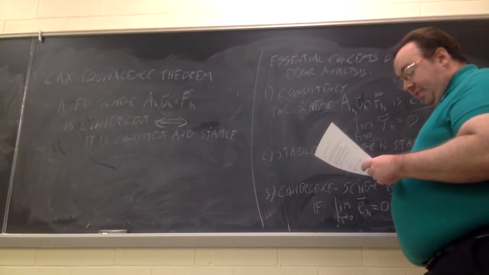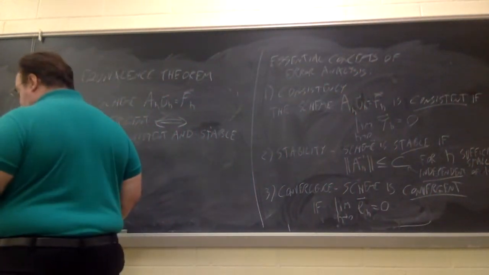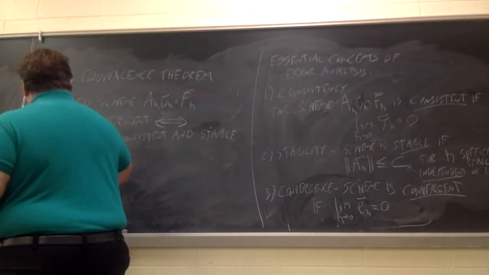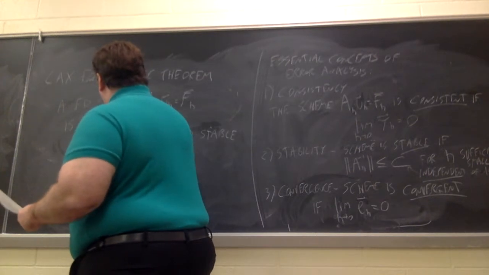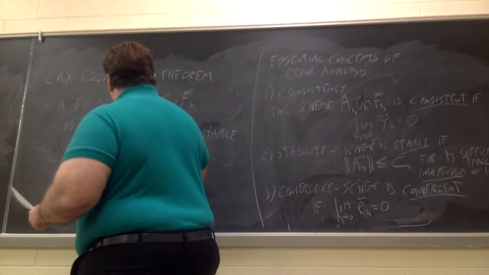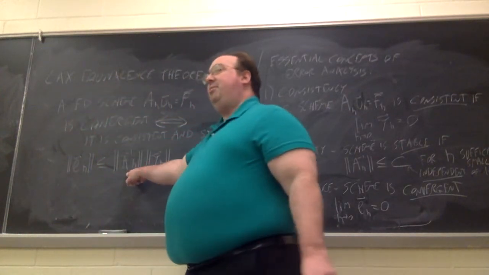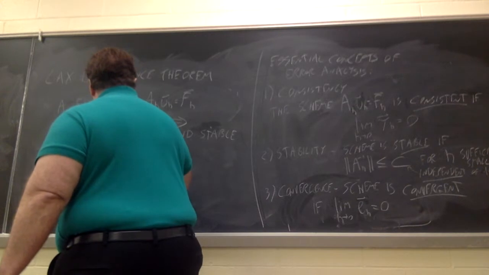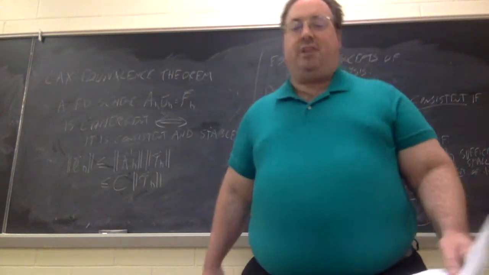So I can show one half of this very easily, because the norm of E_h, which we already saw is bounded by the norm of A inverse times the norm of the local truncation error, but if the scheme is stable, I can say this is bounded by some constant C times the norm of the local truncation error.